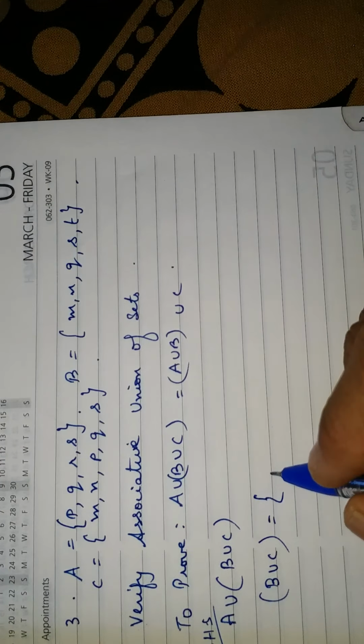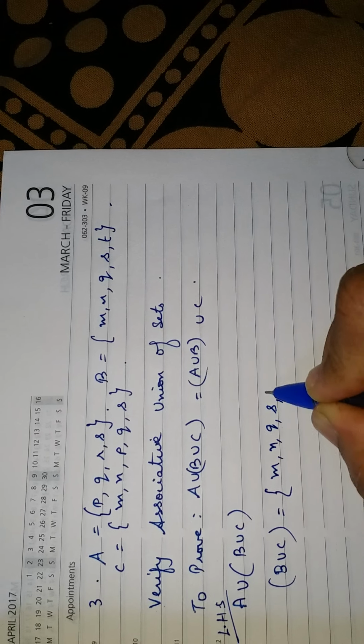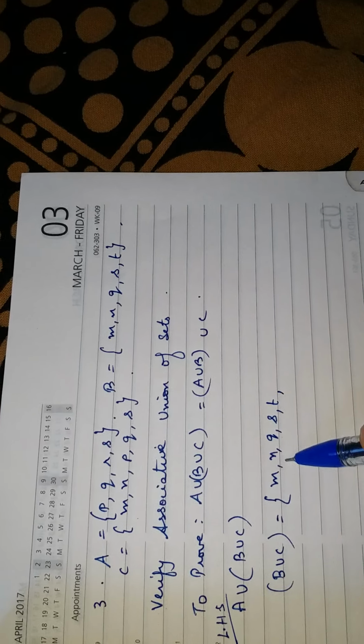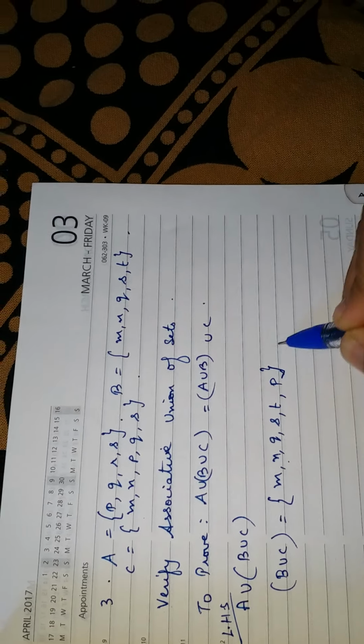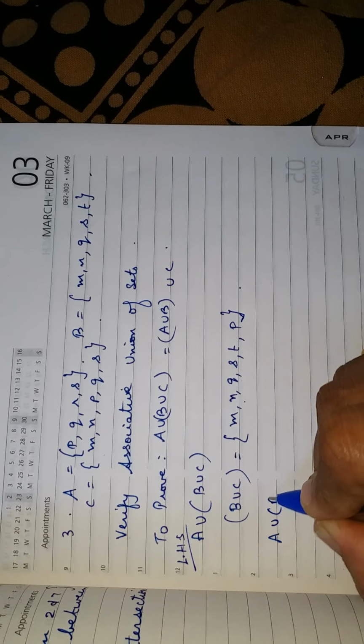So you know what the elements of B and C are? M, N, Q, S, T, and C elements. M and N you have written already, P you do not have so you can write it here, S is already there. So that is all, no repetition of elements. Next, you have to find A union (B union C).